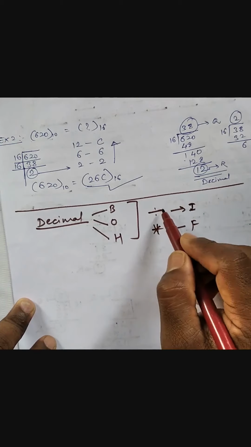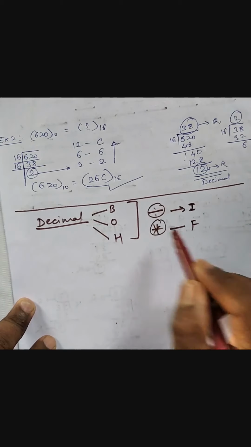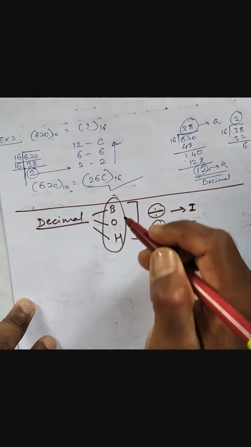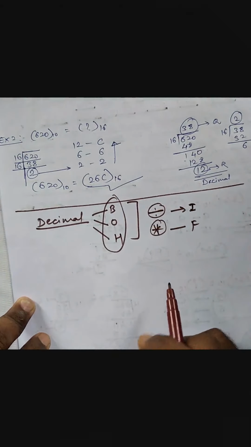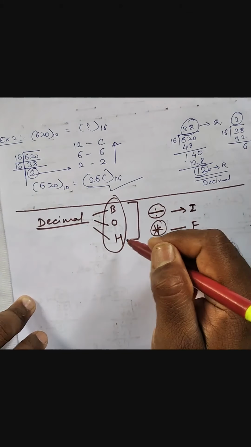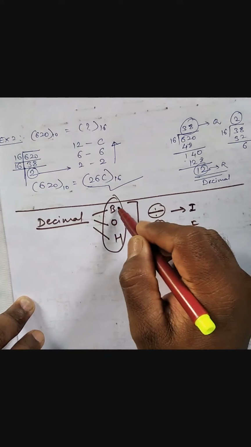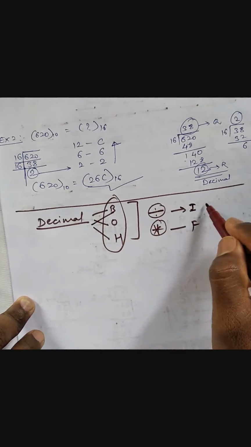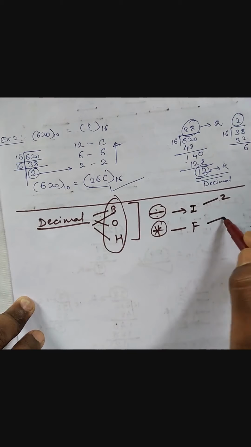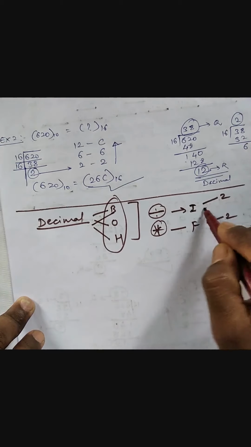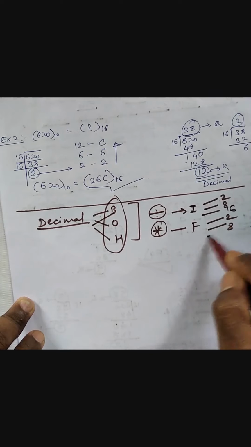Which number you use depends on the base of the number we are supposed to convert into. So it becomes divide by 2 and multiply by 2, then divide by 8 and multiply by 8, and then divide by 16 and multiply by 16.